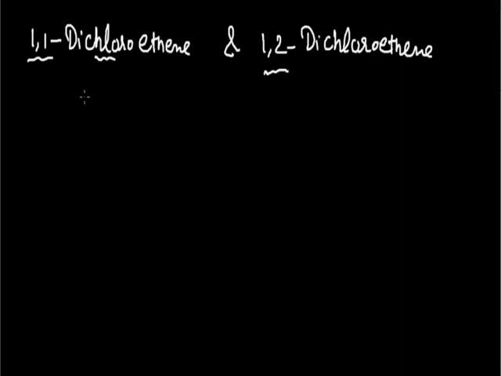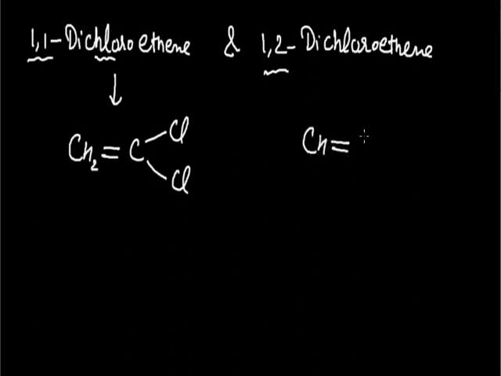We can confirm this by drawing the structures. 1,1-dichloroethene can be written as CH2 connected with a carbon atom with 2 chlorine groups as substituents on this carbon atom, and 1,2-dichloroethene can be written as CH connected with CH by a double bond and a chlorine atom on each carbon atom.